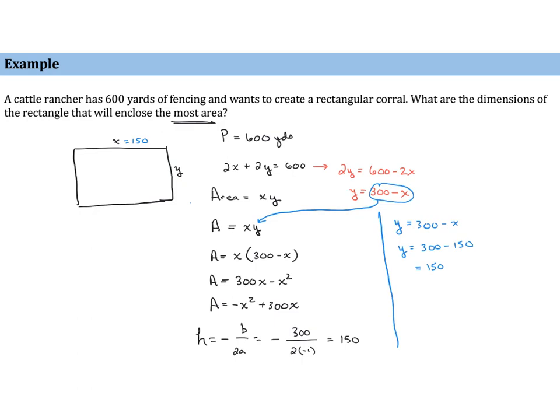So our area is a maximum of 150 yards times 150 yards. So what are the dimensions that will enclose the maximum area? 150 yards by 150 yards.